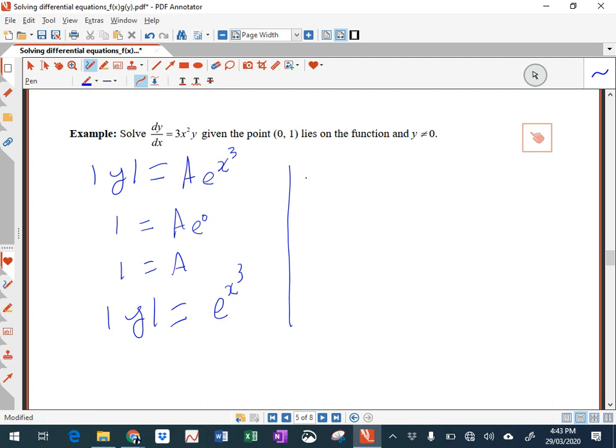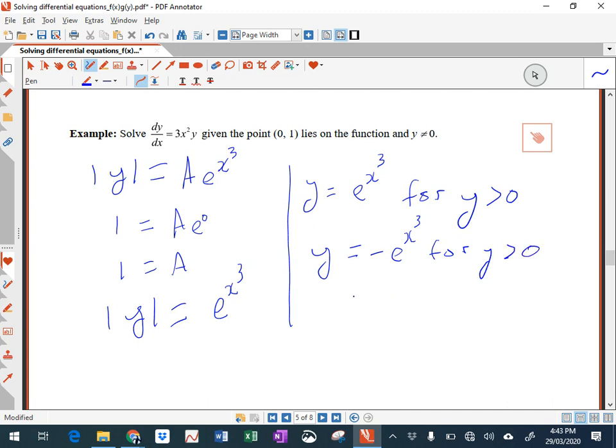All right, so now, by the way, something to be aware of, I'll just draw a line here. What happens is I've got a positive and negative case. So it means y equals e to the x cubed for y bigger than 0, and y equals minus e to the x cubed for y less than 0.